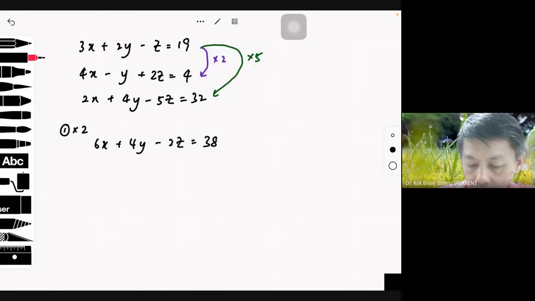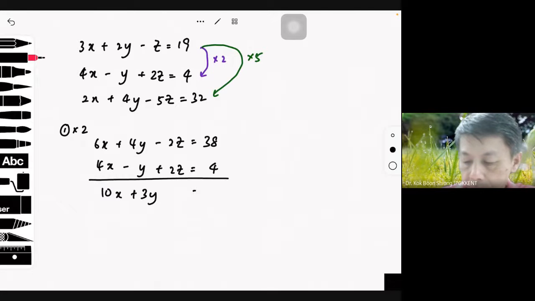And then we have the second equation, 4x minus y plus 2z equals 4. So adding them, we get 10x plus 3y equals 42.